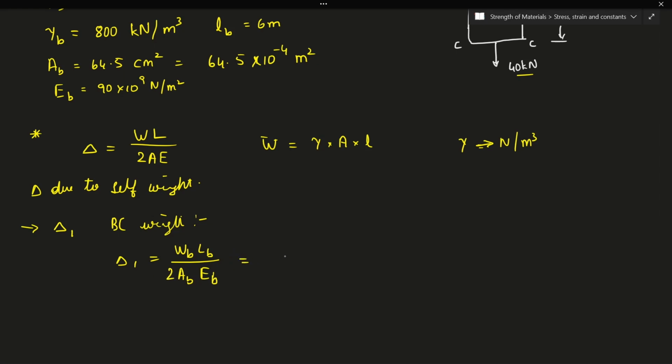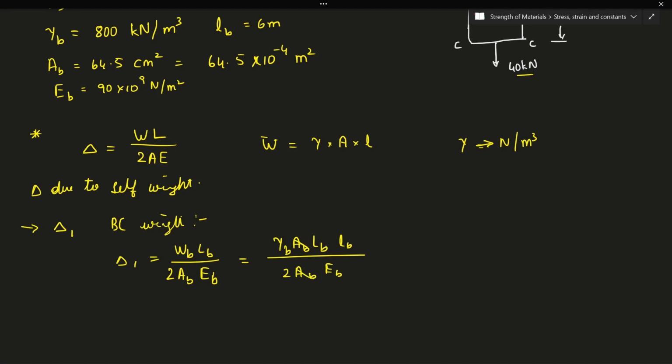Now upon substitution, WB is again given by gamma B into AB into LB divided by 2AB into EB.